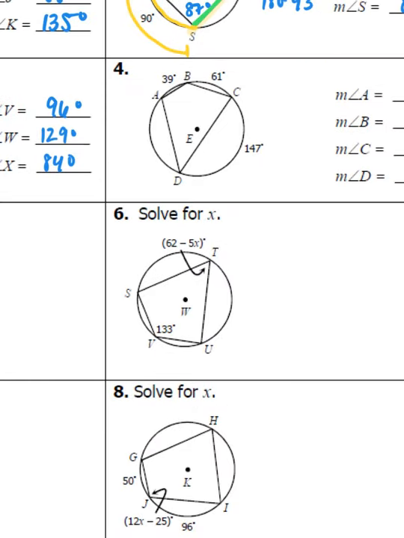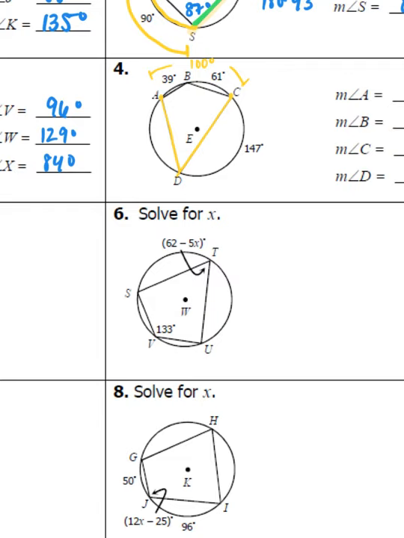Okay, number 4, we don't have any of the interior angles labeled, so we're going to have to use our knowledge of inscribed angles to help us. So let's start with D, and the reason I chose D is because I can see that from A to C, this arc, we can just add those two values together and we get 100.